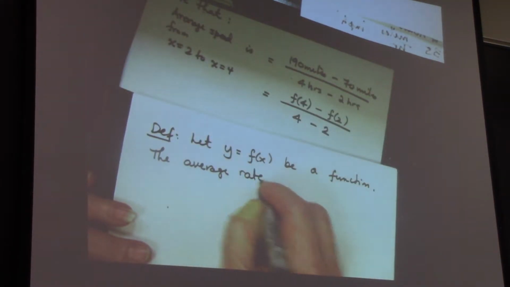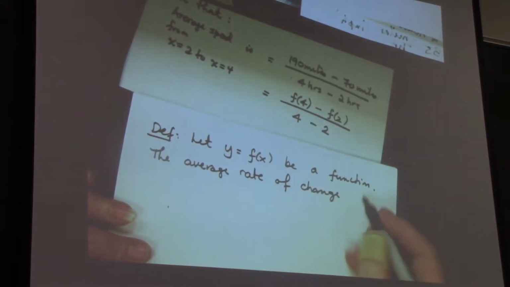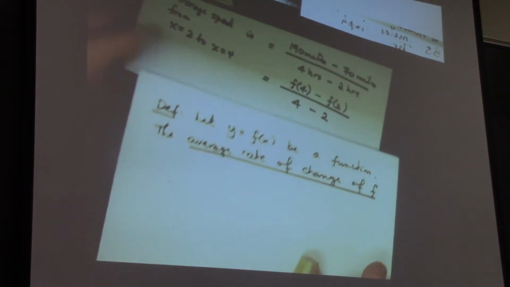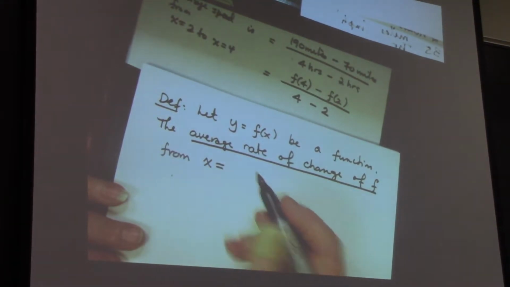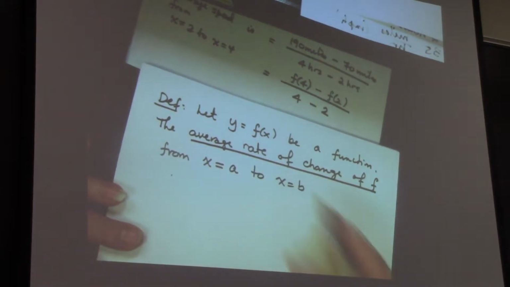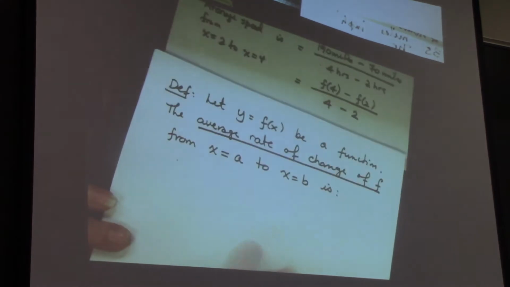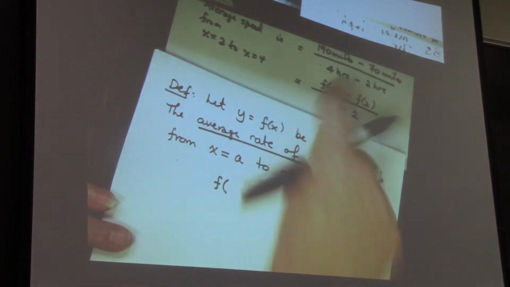So, in general, this is called the average rate of change of f. The average rate of change of f from, there's always some x value that you're starting with, say from x equals a to x equals b is, okay. Now, when we wanted the average speed from x equals 2 to x equals 4, then we had f of the bigger number.